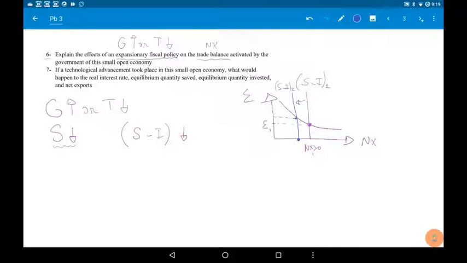So what happens to our trade balance? As you see, NX will decrease.